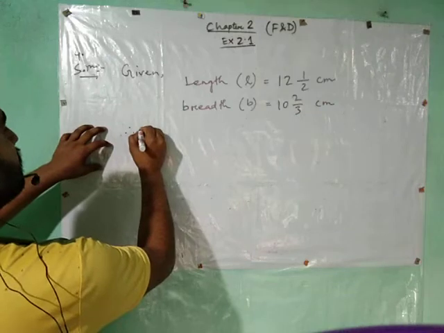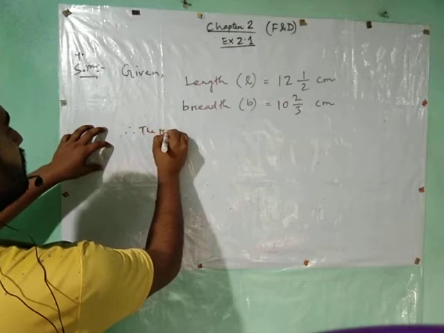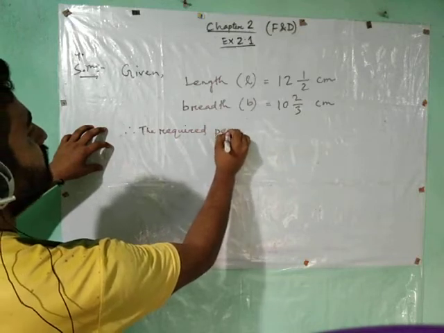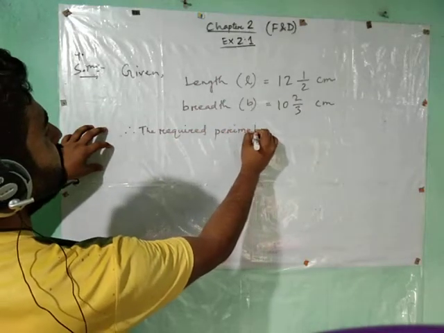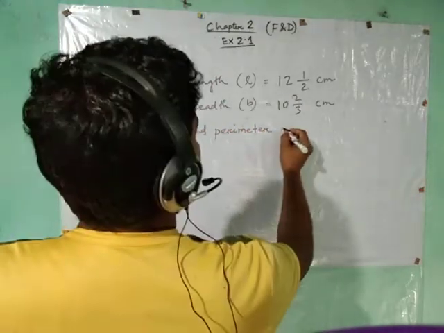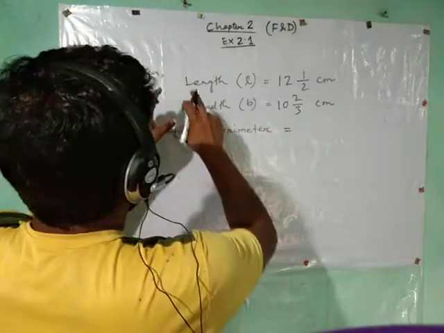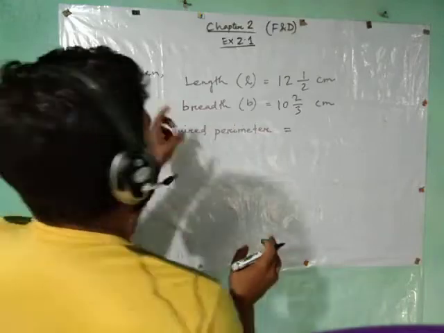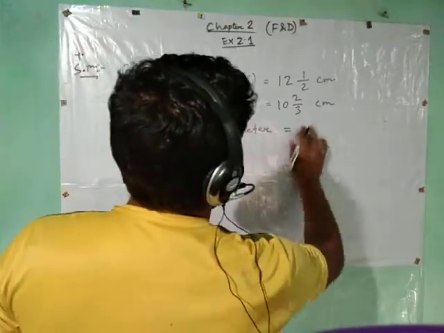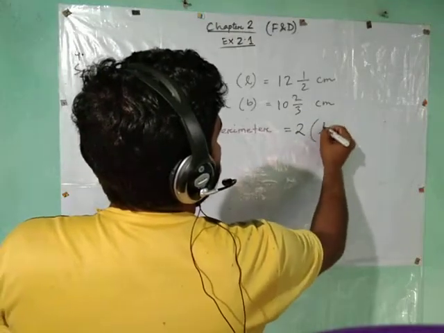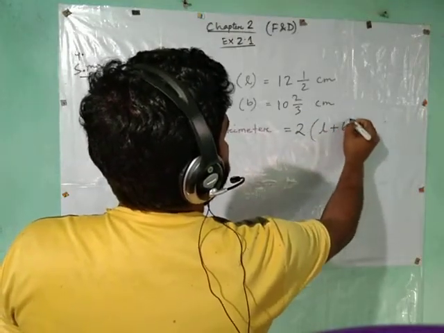Therefore the required perimeter equals how much? What was the formula for finding perimeter? That was 2 into (length plus breadth), right?